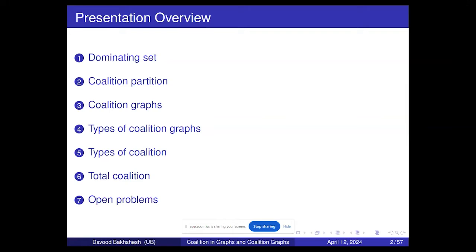Then we move on to the coalition partition, followed by coalition graphs, types of coalition graphs, and then types of coalition. And especially we study total coalition. And finally, we close our presentation with open problems.